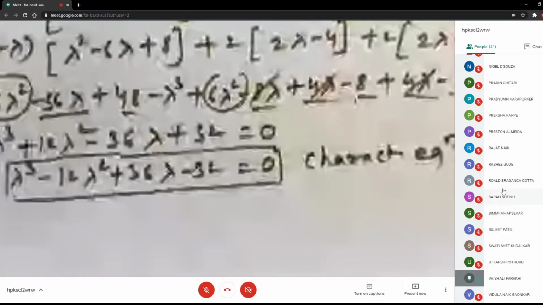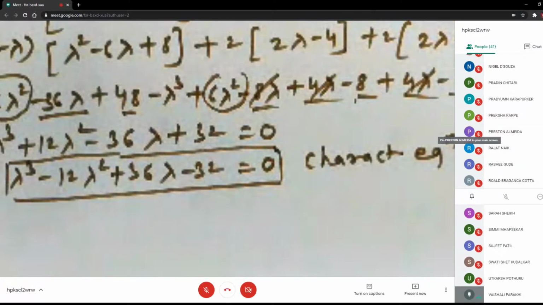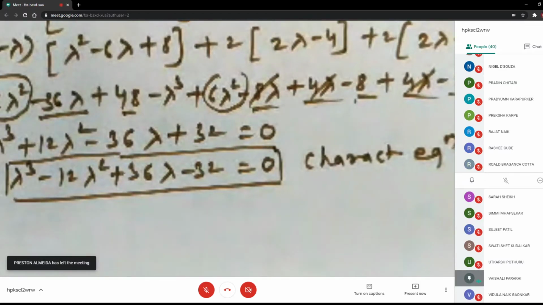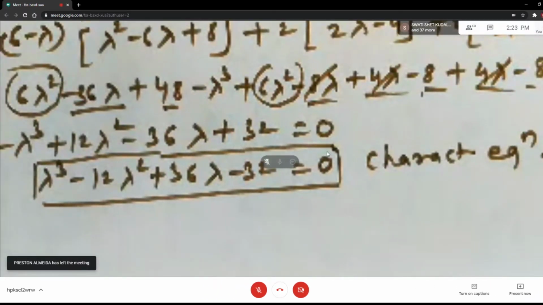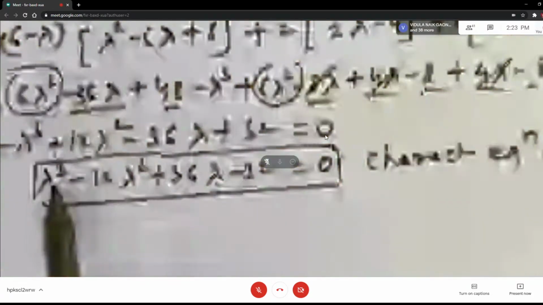Once you get the characteristic equation, now it's time to solve this equation, right? That's why I told you to carry the calculators with you. It becomes easier to find the roots of the equation. You know you get 3 roots, right? Because the order of this equation is 3.